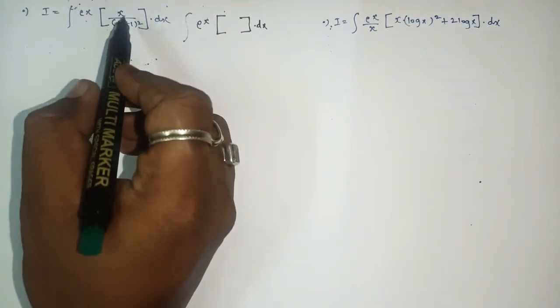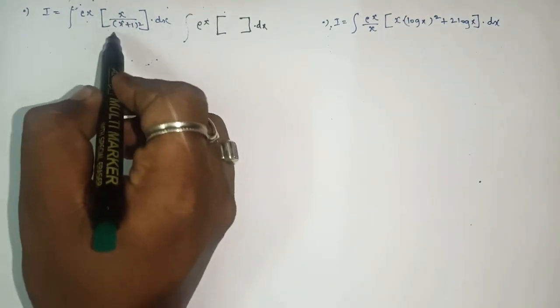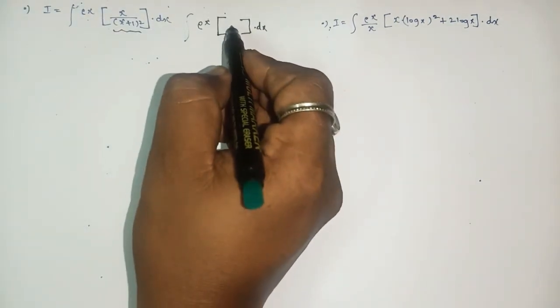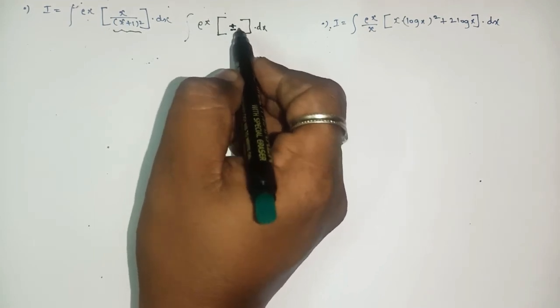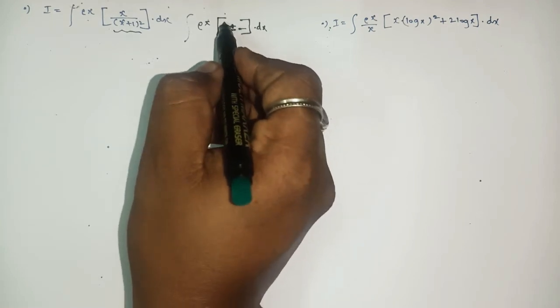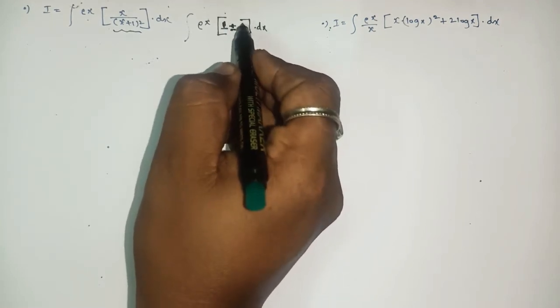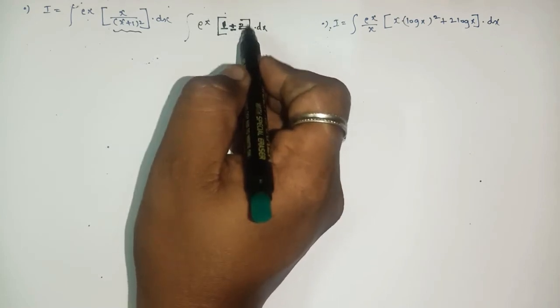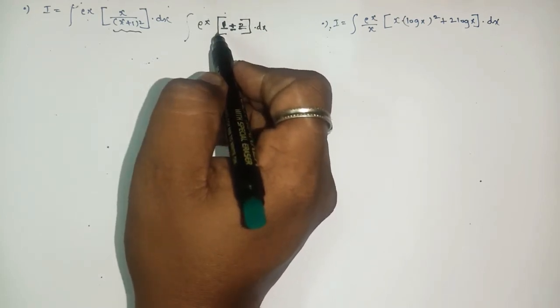But here we have only a single term. As I told, there should be two separate terms separated by plus or minus. The first part will be f of x and the second part f dash x, or the second part f of x and the first part f dash x.